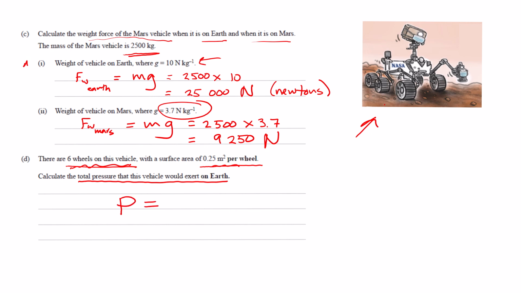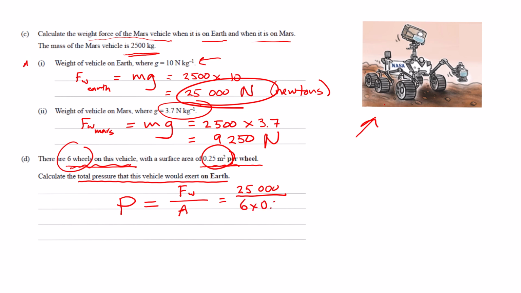Pressure is equal to the weight force, actually, let me write weight force Fw divided by area. So the weight force on Earth is 25,000 divided by the area of the wheels pressing down on the ground. Each one is 0.25 and there's 6 of them, so we've got an area of 6 times 0.25.